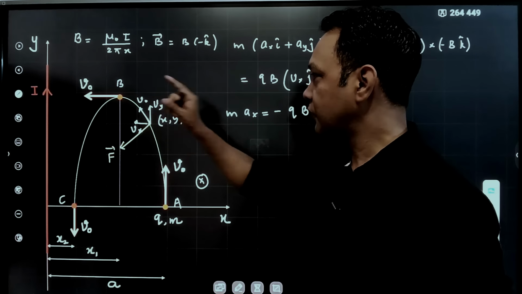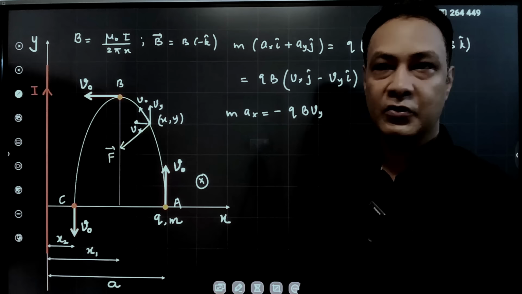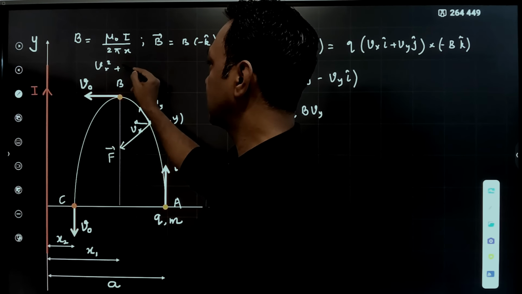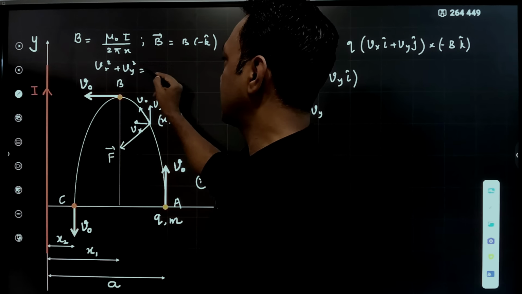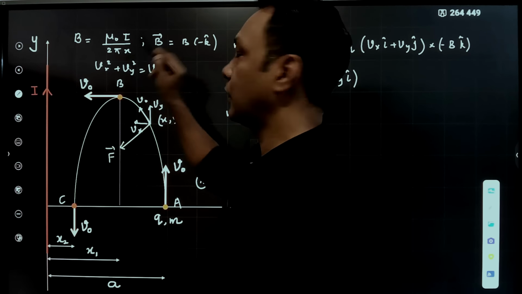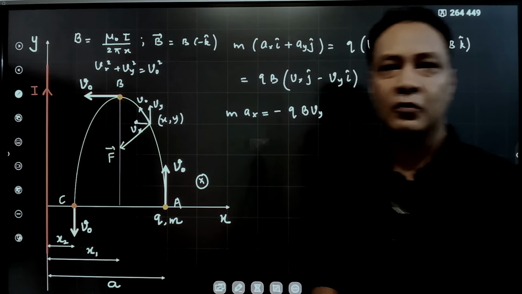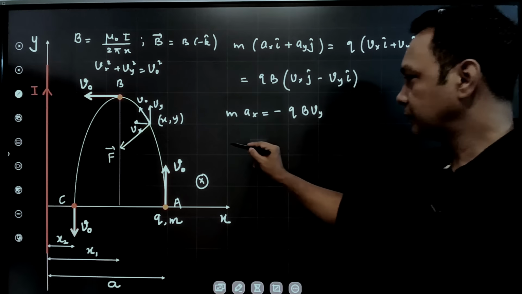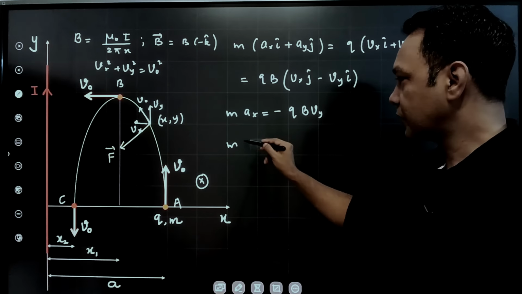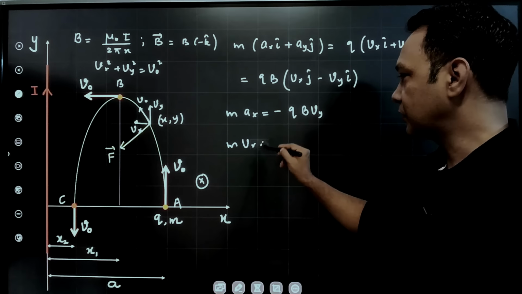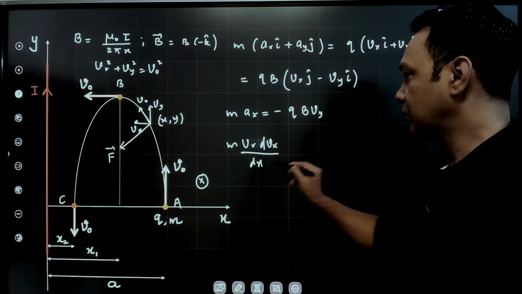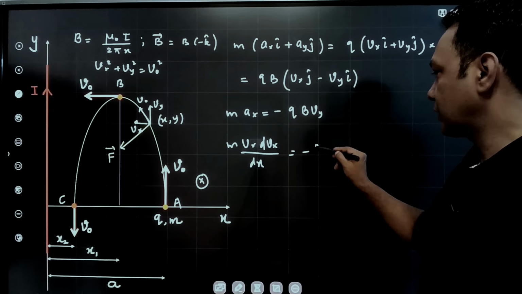So Vx square plus Vy square is always V naught square, and that's how I will convert Vy into x. And this ax can be written as Vx dVx by dx.